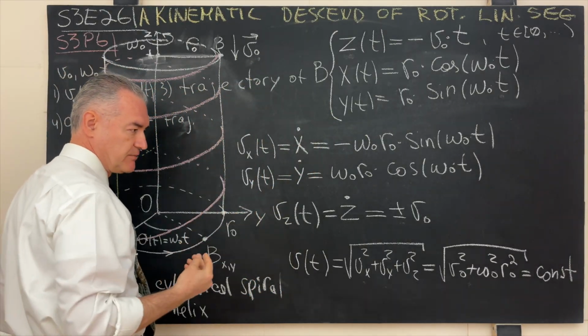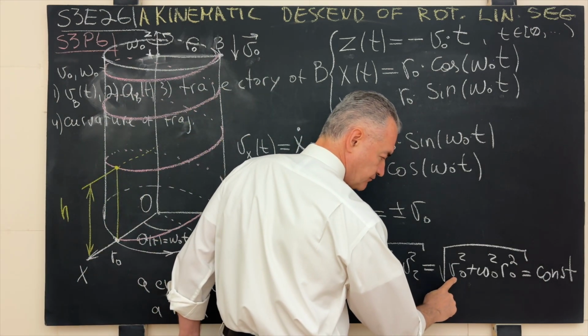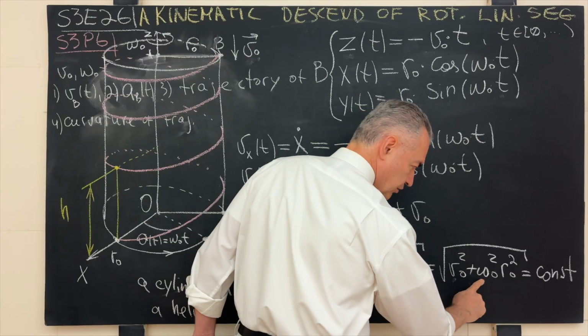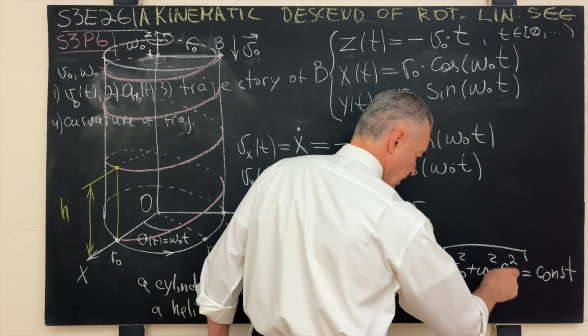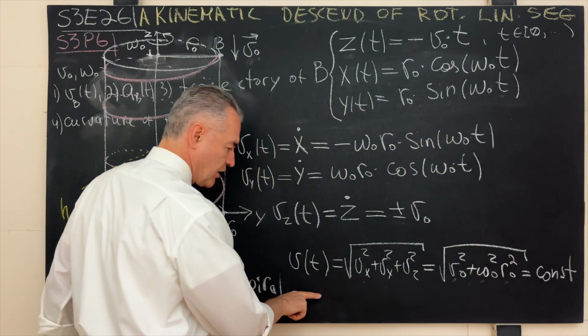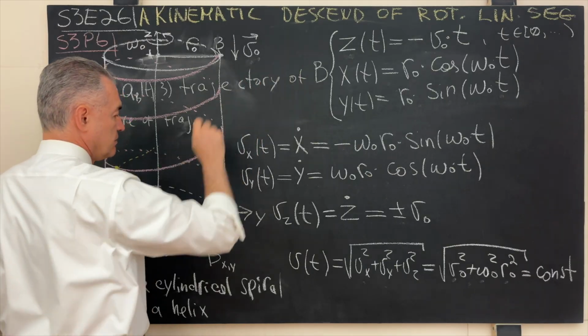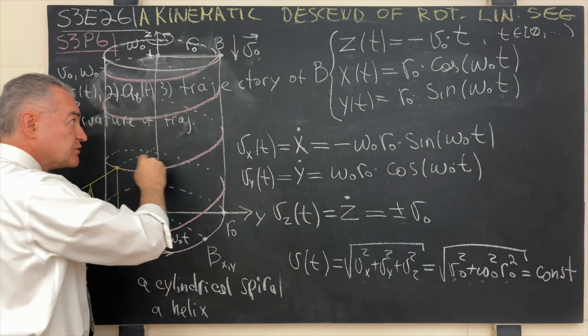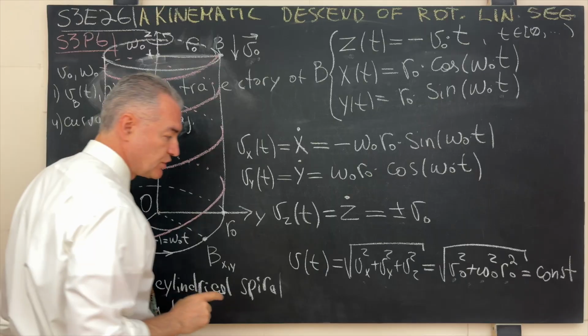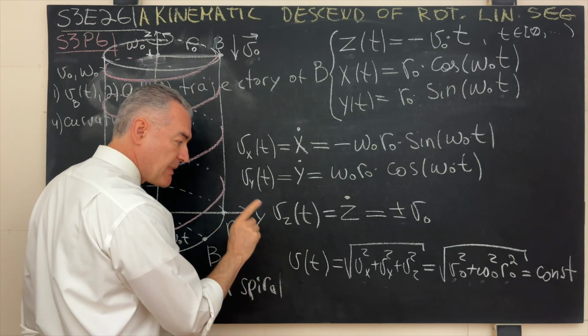So it's straightforward and right in our face. Constant quantity, constant quantity, constant quantity. And square sums and square roots become constant quantity. So now we know that the motion of the point B over a cylindrical spiral, in this case, unfolds with a velocity that is constant by magnitude.